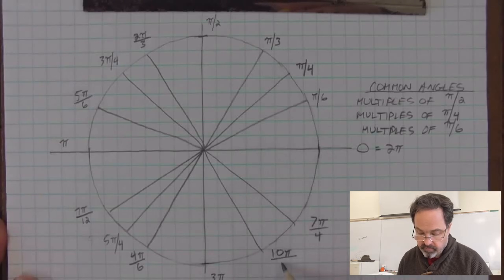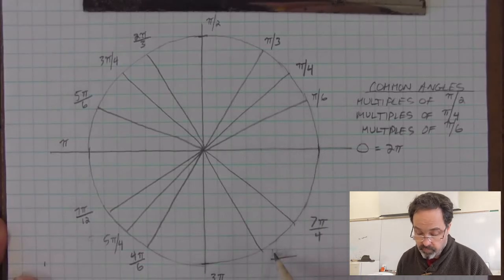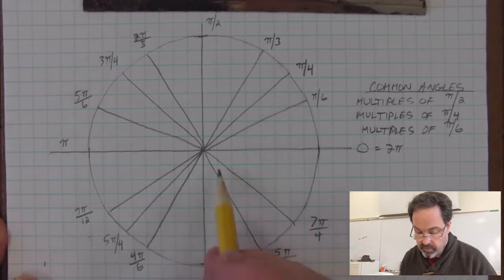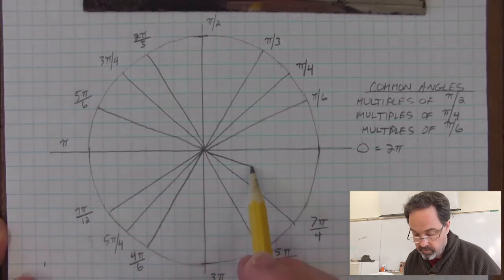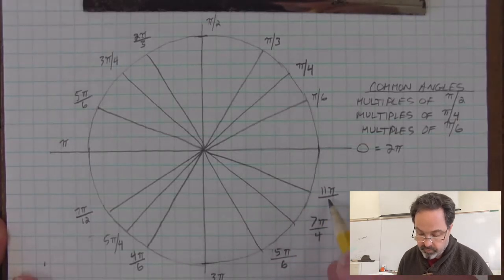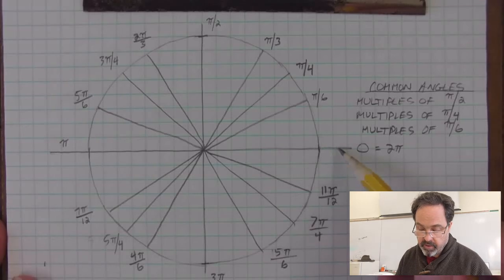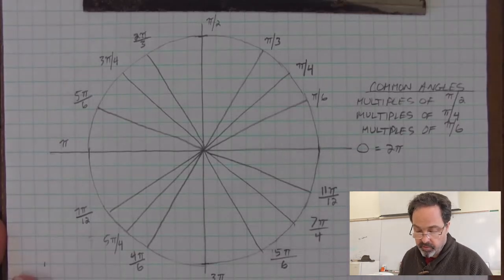Ten pi over 6, which can reduce to 5 pi over 3. And then lastly, 11 pi over 6, before it completes with one more sixth of a pi at 2 pi radians.